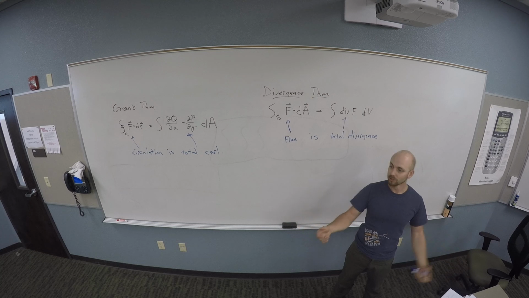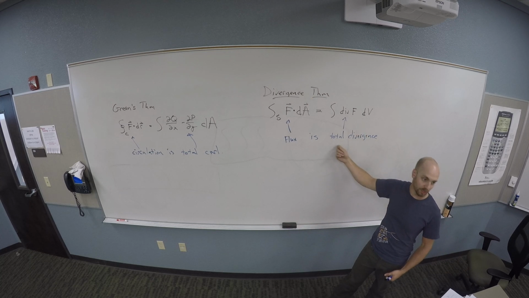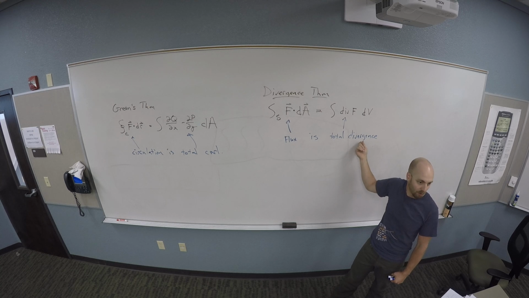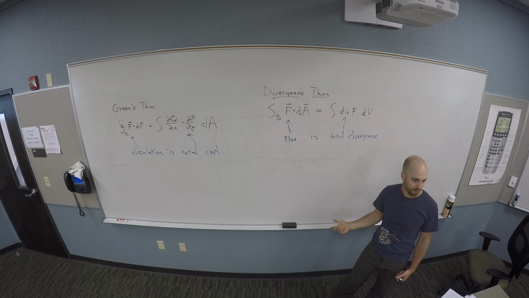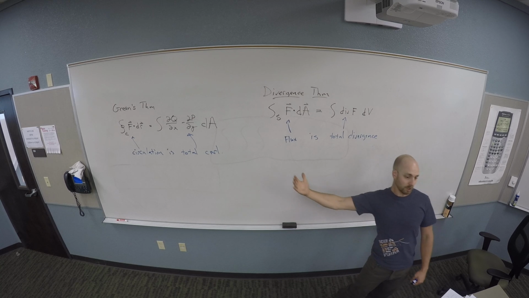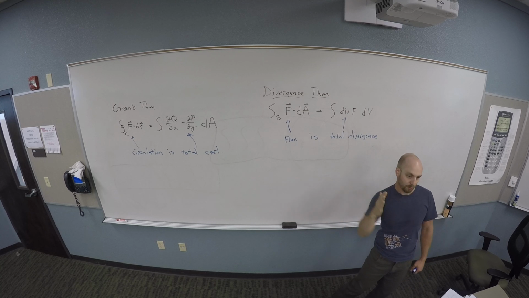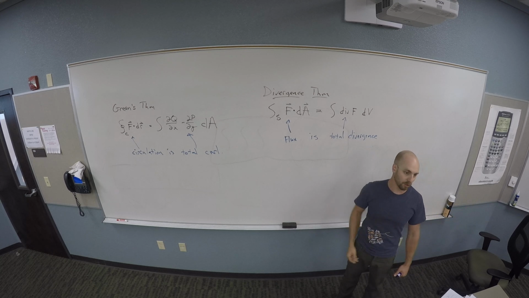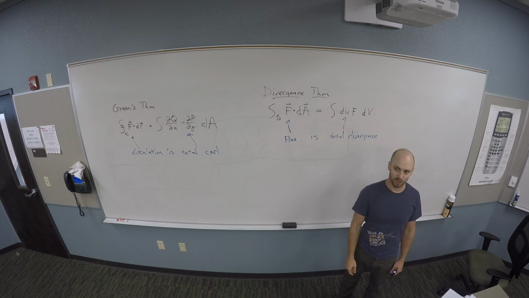So that's really what this is. This is just telling you, if you go look around in the sphere, how much more air or less air are you getting? If it was just wind going in one direction, it'd be zero. Yeah, if it was going in through one side and out through the other, the total would be zero. You guys see that?